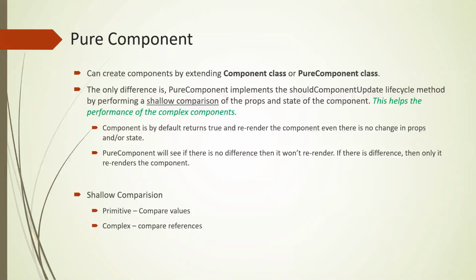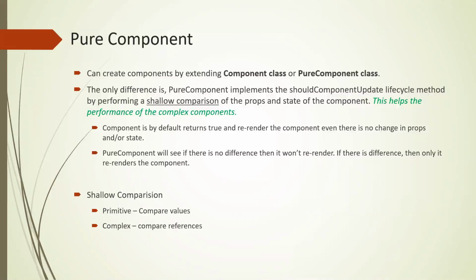So whenever you feel the component should be re-rendered, even if it is a pure component, it is better to copy the data, for example copy the list into a new list, and assign it to the state, so that it treats it as a data change and re-renders. That's a design and implementation decision.